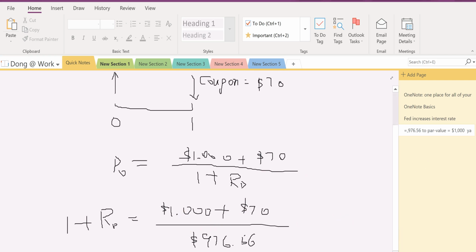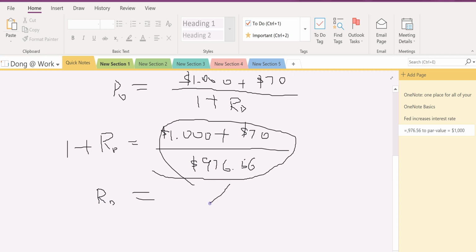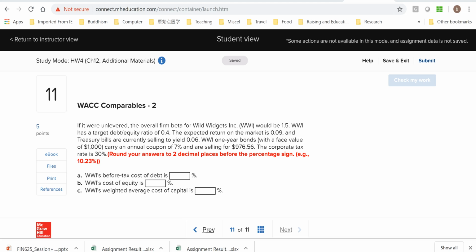Hence, RD is simply this whole chunk here. Just directly copy that and minus 1. So that we can solve out this cost of debt without too much trouble.